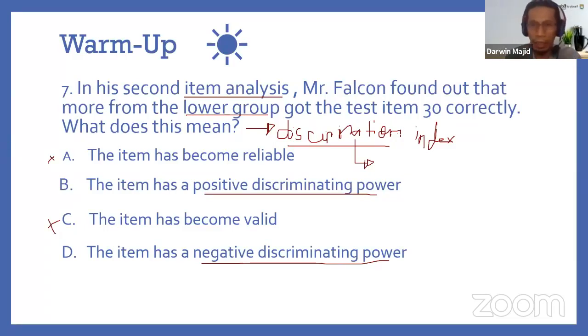And what other help it can give us is that we can have our test item bank, meaning pwede natin siyang gagamitin pa sa susunod because it states a high reliability if we are going to use the item analysis. So binigay ni Sir Reggie yung tamang sagot, that is negative discriminating power. So ano po tatandaan natin sa negative discriminating power? Lower group. If mas maganda ang performance ni lower group. Okay? Take note, we're talking about an item.